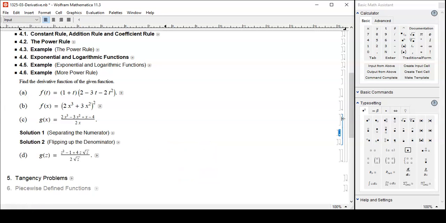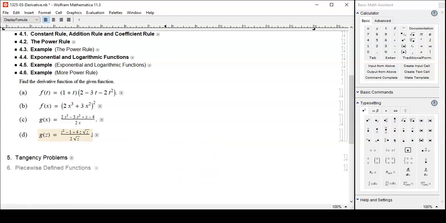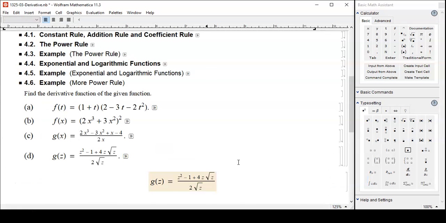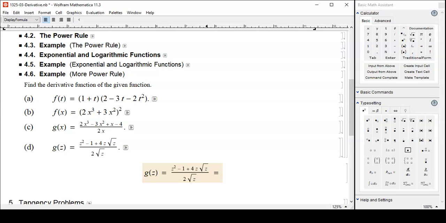How about the next problem? The same type of problem, just more complicated. This entire problem can be rewritten in the following fashion. Let's see, a little bit bigger font again. And this is z to the 3/2 power, and this one is z to the 1/2 power, isn't it?